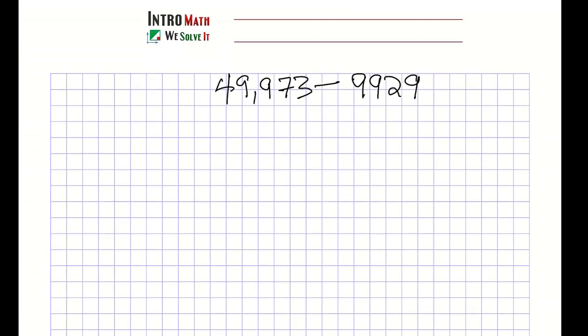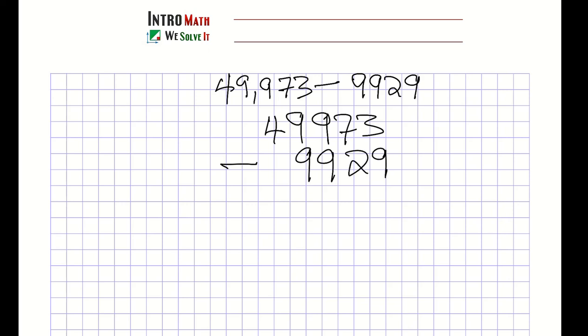Now, you are told to subtract 9,929 from 49,973. So what do you do? You line things up first, right? You say 49,973 minus 9,929.